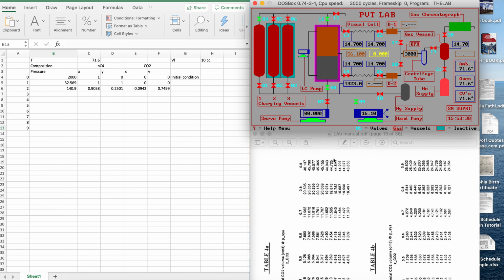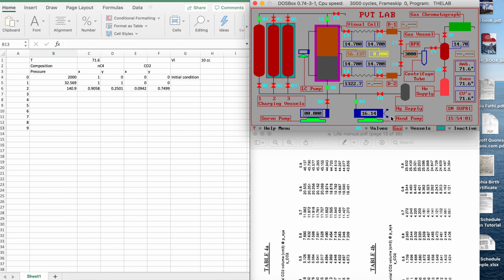Sometimes it doesn't take the whole number. So I got 16.1, so I still need to remove minus 0.037. Okay. So I do it in 2 steps. So I got my 16.137.